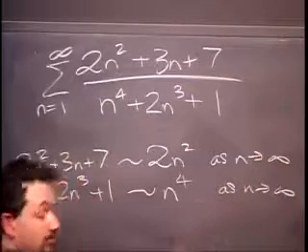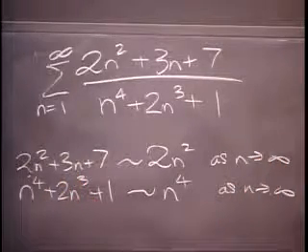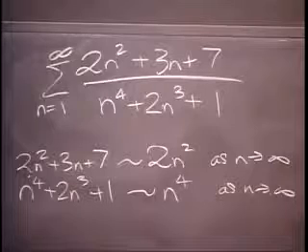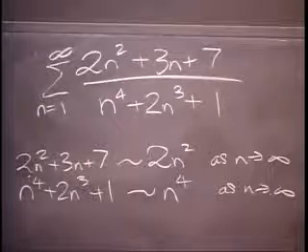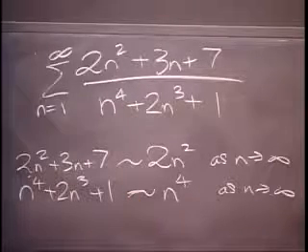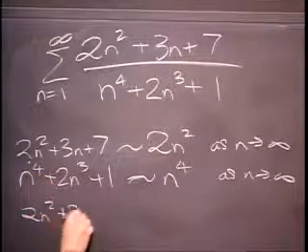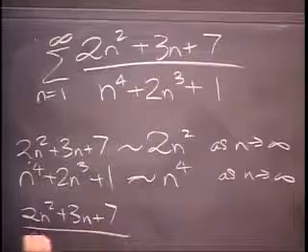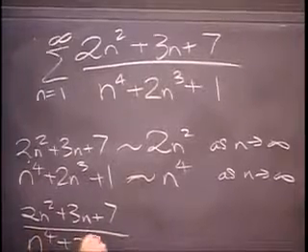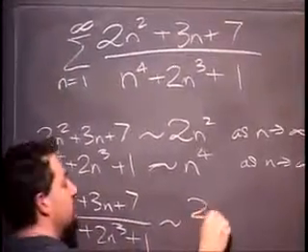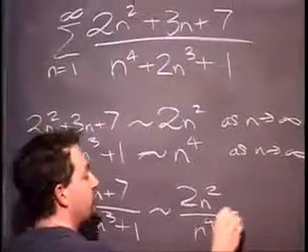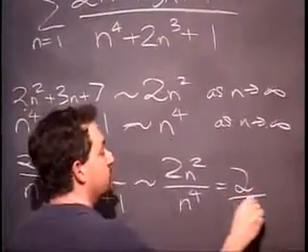These things deserve proofs when you write it out. I'm trying to save a little bit of time by not writing it. We've done this exact sort of computation for improper integrals, as I said. Therefore, the ratio of these two things, which is what we care about, behaves like 2n squared over n to the 4th, which is 2 over n squared.